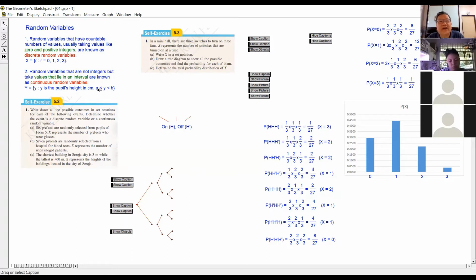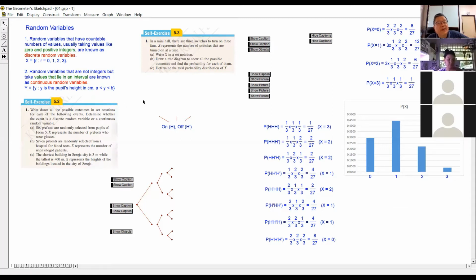Just now we said 135 and 180 cm. So between two numbers, it can be anything. That's why it is a continuous range.